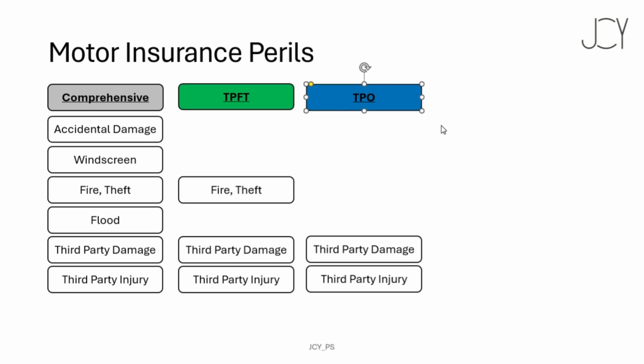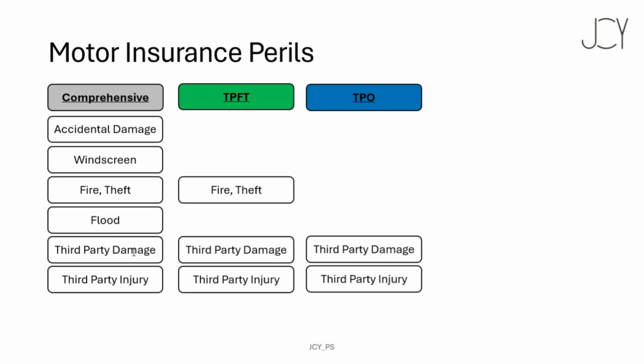And then TPO, which is third-party only, so similarly to this one, but excluding the fire and theft. So this is a bare bones insurance coverage. So if you have an accident and it affects, say, a third party, i.e., someone's home, or you drive into someone, then only the third party only coverage concerns that only.